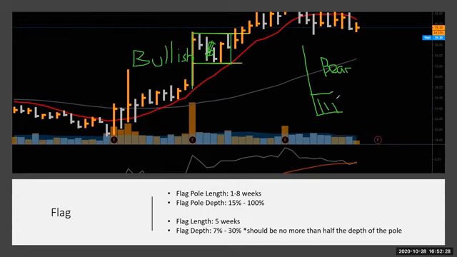And so you wouldn't be looking for a move to break up over here. You would be looking for a move to break down this way. Does that make sense?